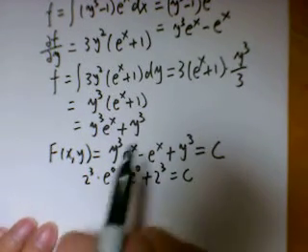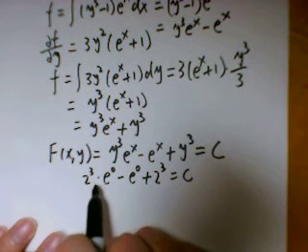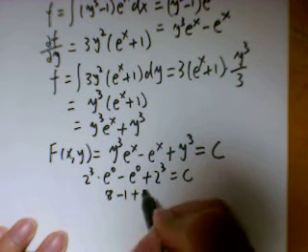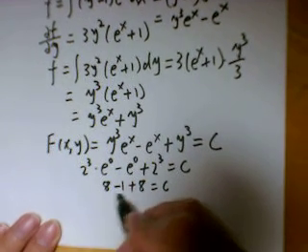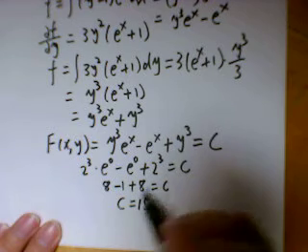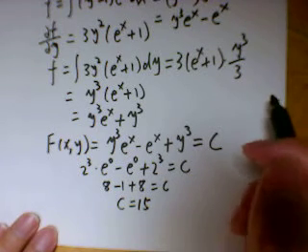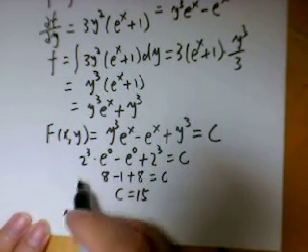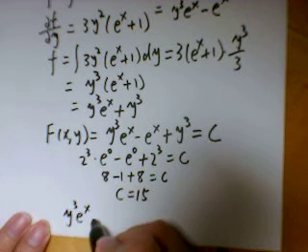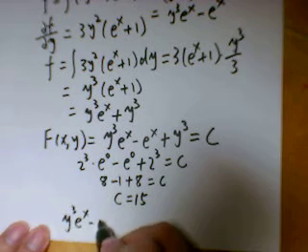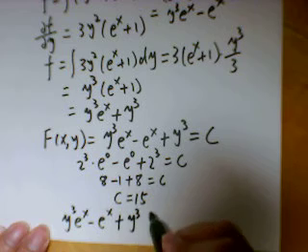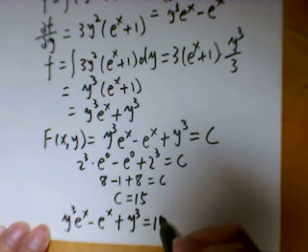Basically we can solve it. So this is 8 minus 1 plus 8, so 15. So the solution for the IVP is y cubed e to the power x minus e to the power x plus y cubed equals 15.